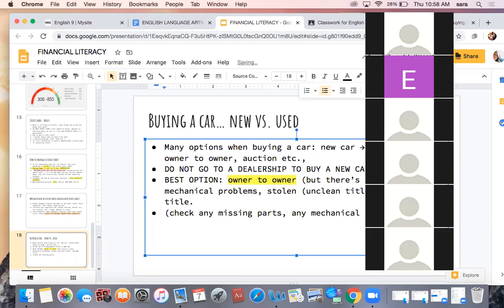And I guess in general, just be selective when purchasing a vehicle. Especially because you don't want to buy a vehicle that's going to be breaking down every other second. You can't afford that, and fixing a vehicle tends to be very expensive.